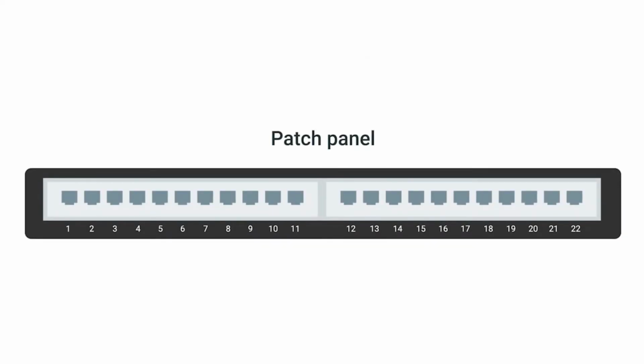A patch panel is a device containing many network ports, but it does no other work. It's just a container for the endpoints of many runs of cable. Additional cables are then generally run from a patch panel to switches or routers to provide network access to the computers at the other end of those links.